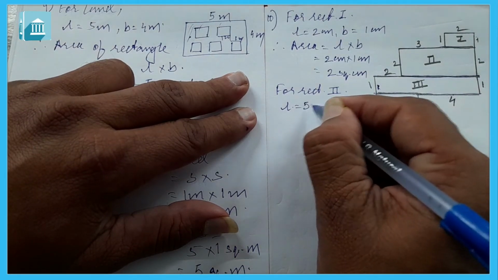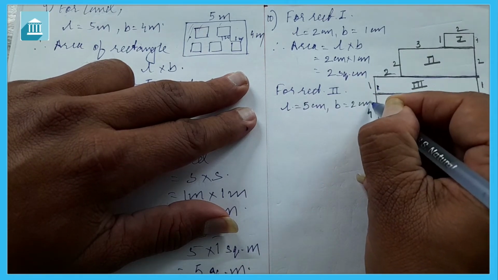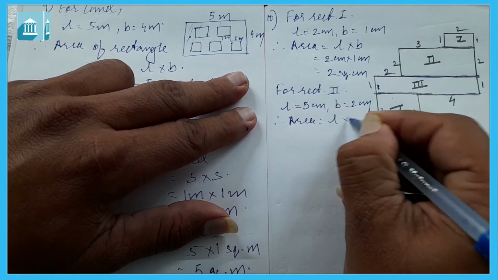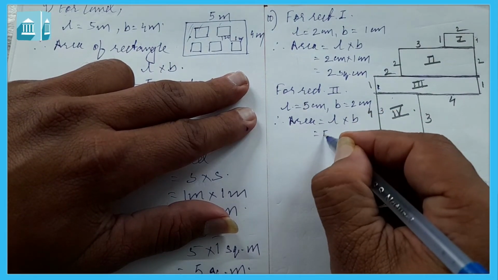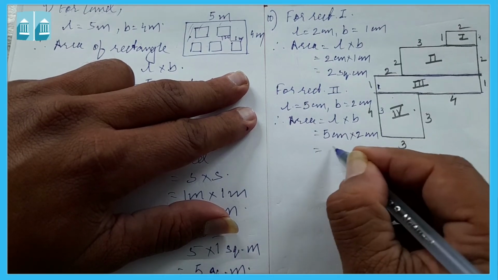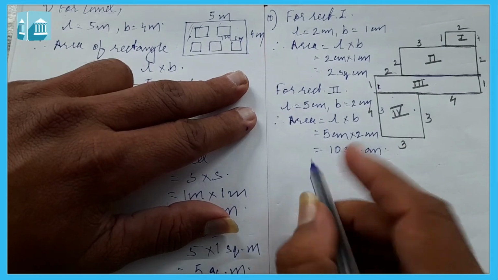So L is equal to 5 centimeter, B is given 2 centimeter, therefore area is equal to L into B, which is equal to 5 centimeter into 2 centimeter, which is equal to 10 square centimeter.